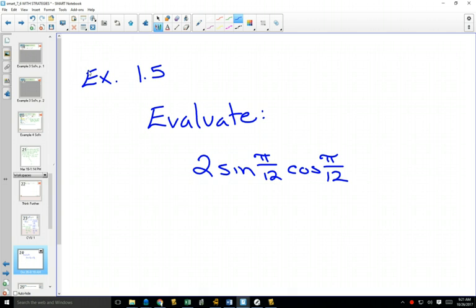If we did our pi over 12 question, we'd have to do it for sine, and we'd have to do it for cos, and then multiply all those answers together to get our final answer. Usually a pi over 12 question's worth 3 marks, so figuring out sine of pi over 12 would be 3 marks. Figuring out cos of pi over 12 would be another 3 marks.